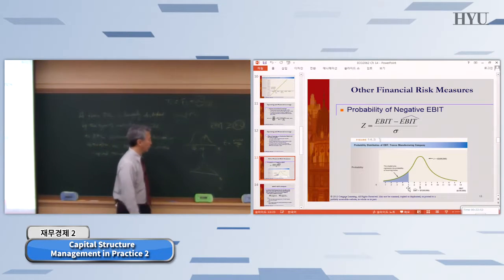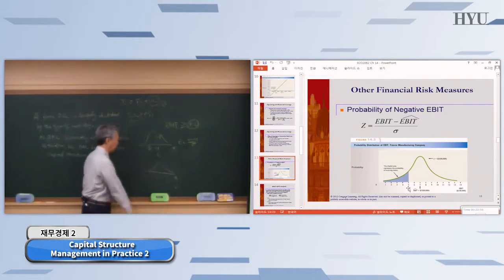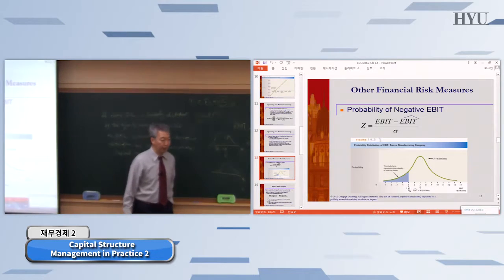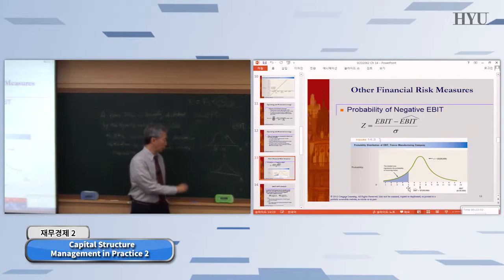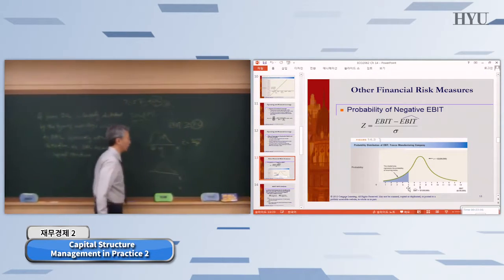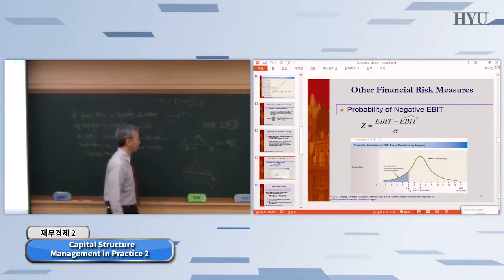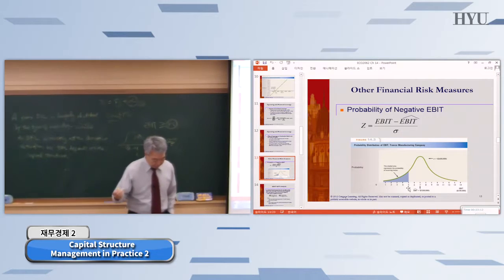So we're trying to find out how this particular value of X, or operating income, converts to a z-score. And this is how we convert that Xi value into a z-score.